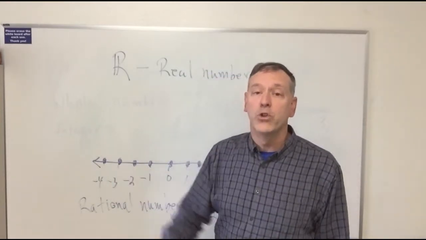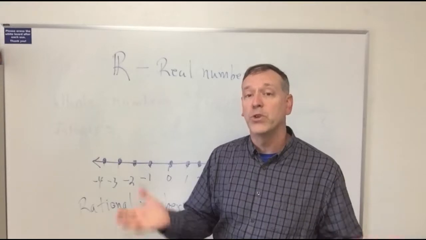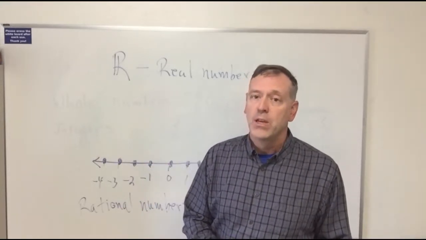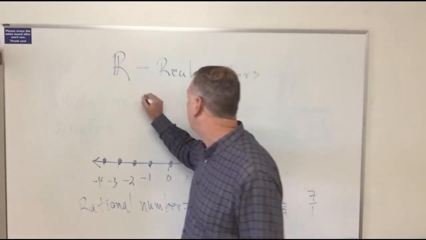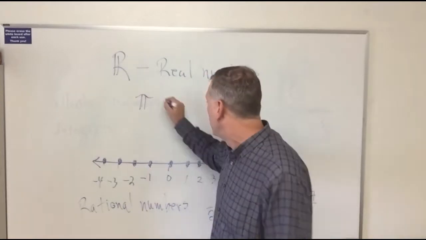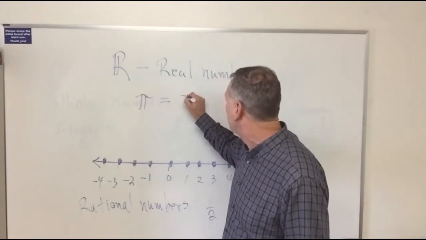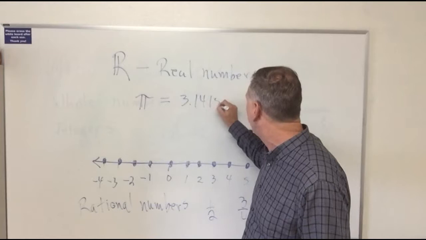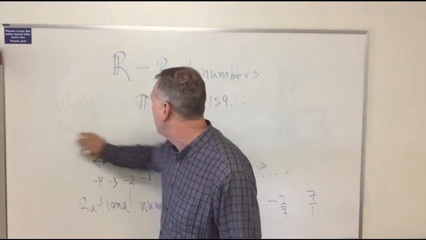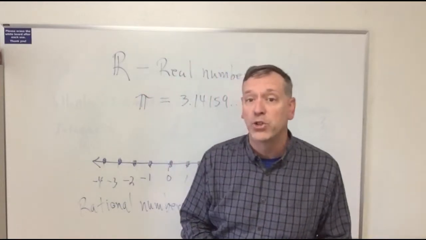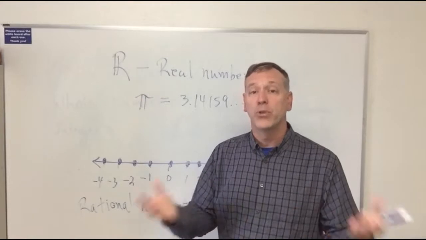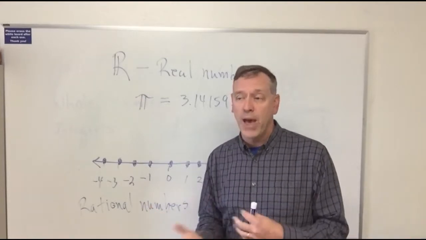But in addition to that, it includes numbers that are irrational. These are numbers that cannot be written in the form of a fraction. And this will include things like pi. Pi is an irrational number, sometimes written as 3.14159... But pi cannot be written as a rational number because it can't be written as a fraction. And so there are many other numbers like that as well in the mathematical world.